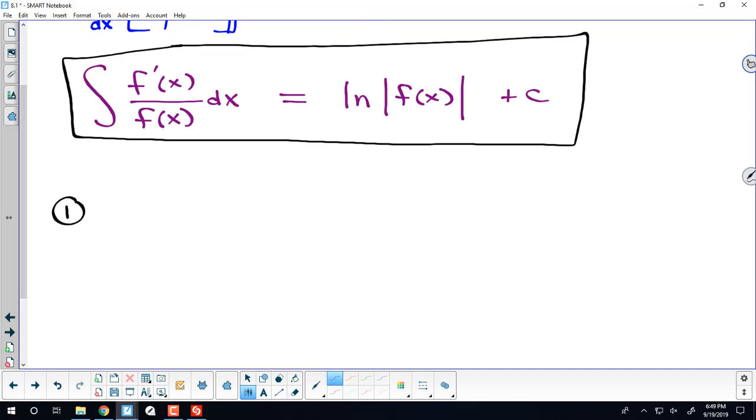Example 1, we'll do this one first. So the antiderivative of x over x squared plus 1.